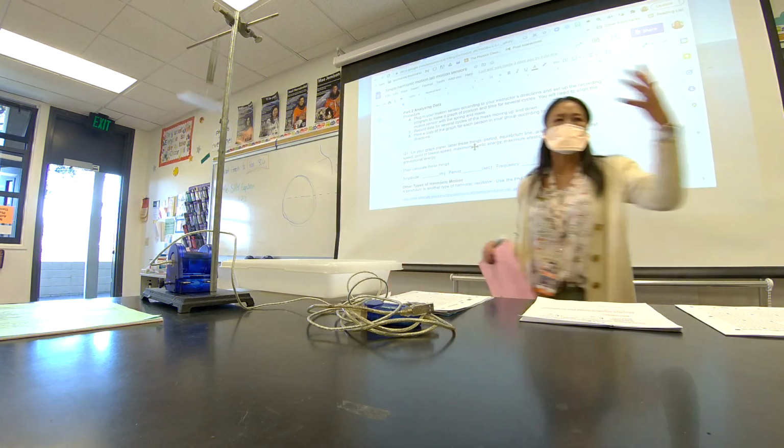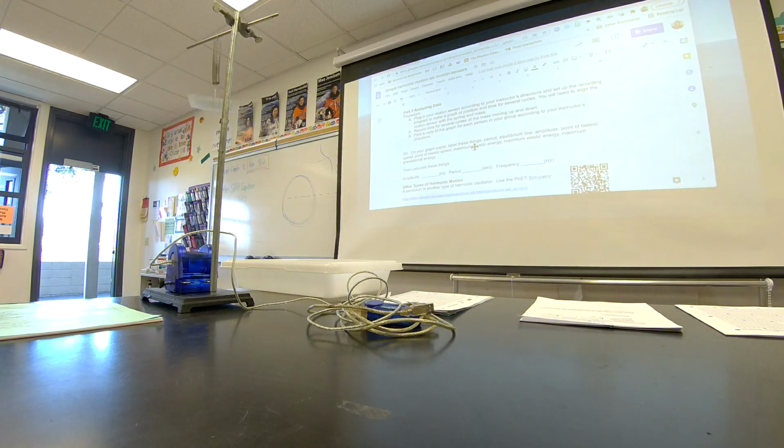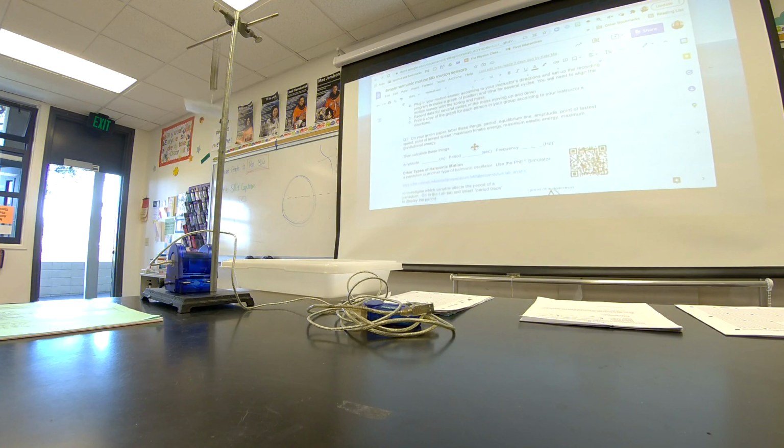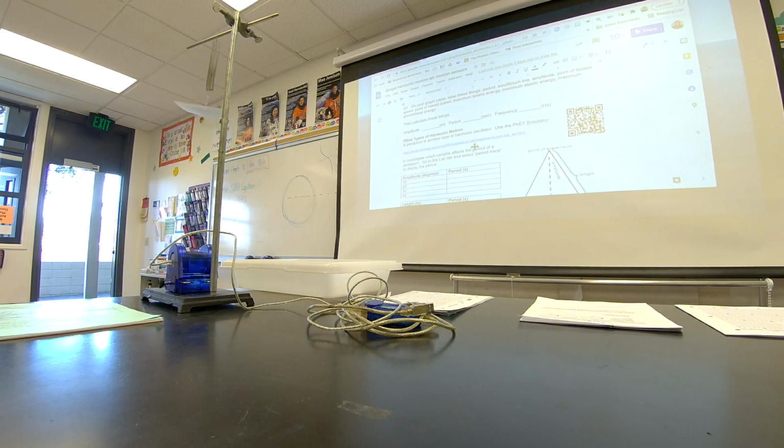So we're going to tie in some of the energy concepts that we learned from the previous unit. The next lab you're going to do, you're going to actually calculate those, so you can use points on your graph. You could use rulers. I have a bunch of rulers here to actually calculate your period, your frequency.